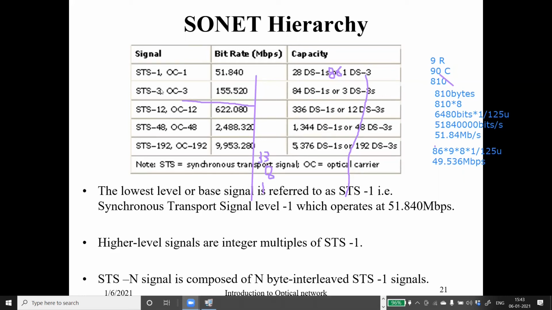So 3 means 3 frames are combined, 12 means 12 frames are combined. Sometimes user data is very large, so you need to combine 12 frames for one user's information. That is how these numbers have come, and it also shows how these numbers can be used to accommodate previous generation data. Is it clear? This number and number table.